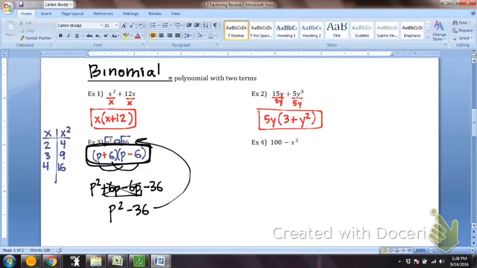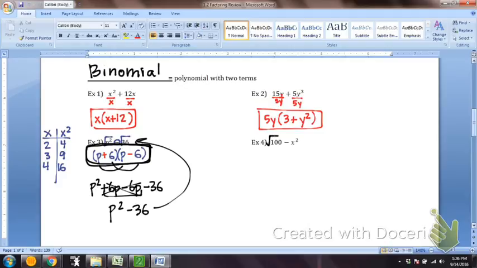Okay, so let's look at example 4. Is there a GCF here? No. Is there a GCF between 100 and x squared? No? Okay, so the next thing I look at is difference of squares. Is 100 a perfect square? Yes. Is x squared a perfect square? Yes. So do not switch the order around, because that's going to give you a different answer.